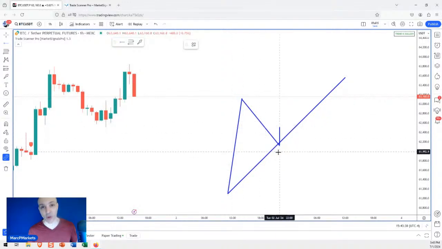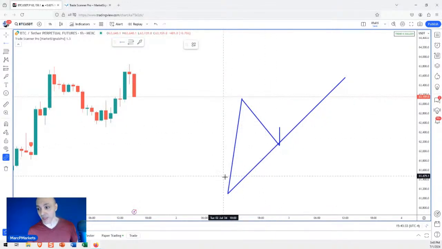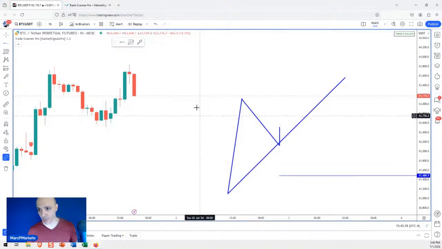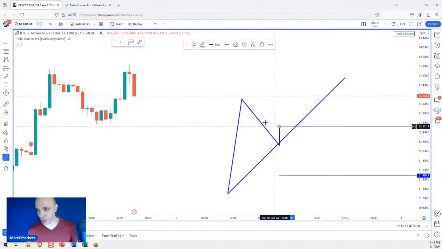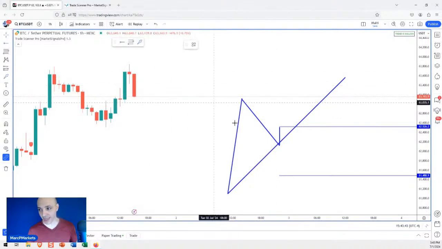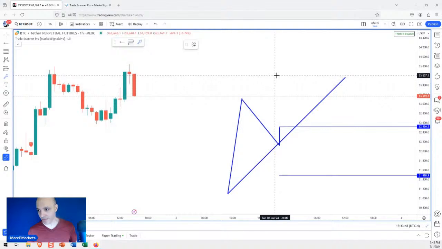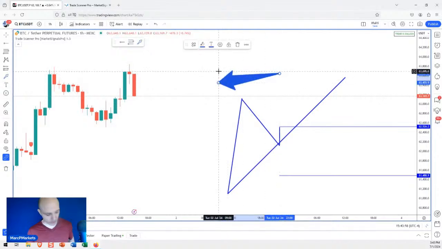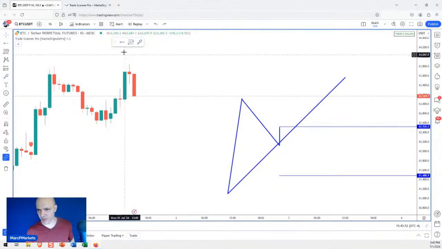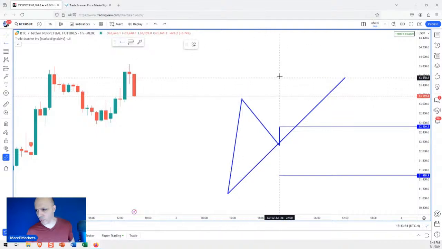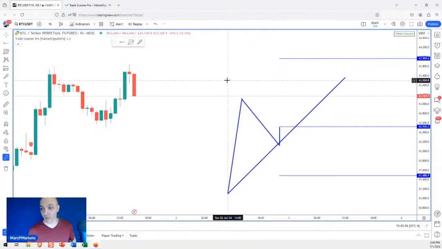When all of this criteria is met, it then generates a trade suggestion in the form of orders, right? A stop loss, an entry, which is typically not at the bottom of the move, because it needs confirmation, and a take profit. The take profit is typically 1.5 times the risk.